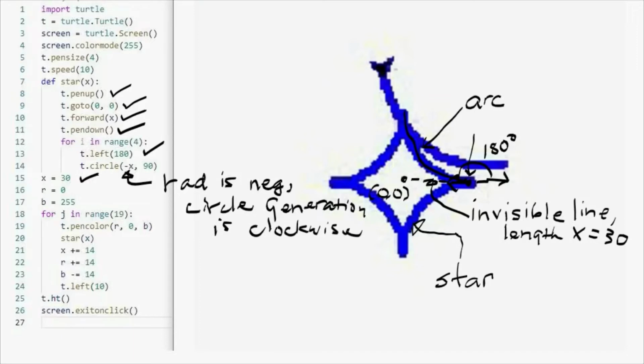So you see how the arc here is generated clockwise from this point here to this point here. So at this point, the turtle is right here.